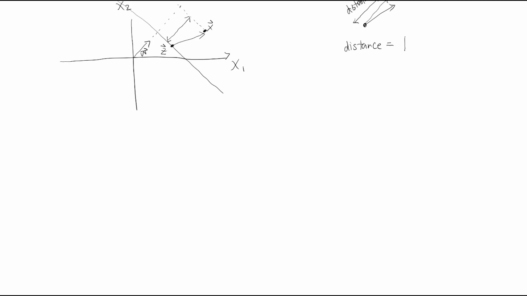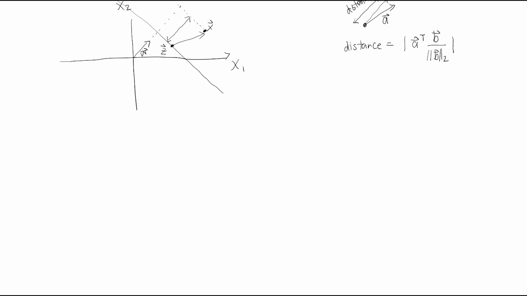This is a more general linear algebra fact. So suppose you have some vector A, and you would like to know how long is A in the direction of B. So this distance is always going to be given by A, the vector whose distance we want to compute, transpose a unit vector in the direction of B. So a unit vector in the direction of B is always going to be given by B, which gives us the direction of B, divided by the 2 norm of B. So in general, this is the formula for a distance.